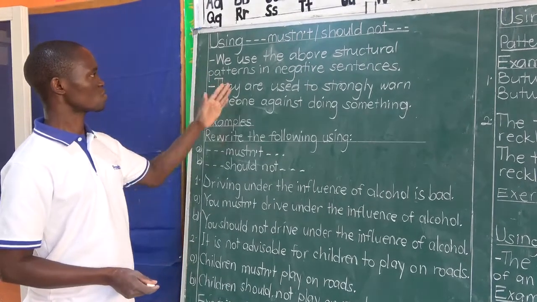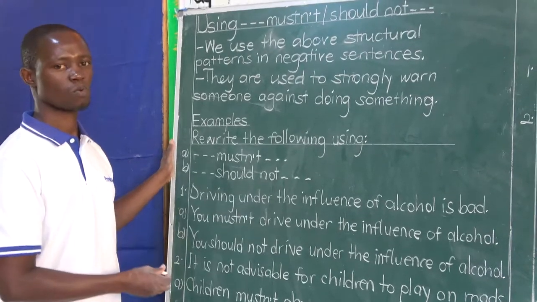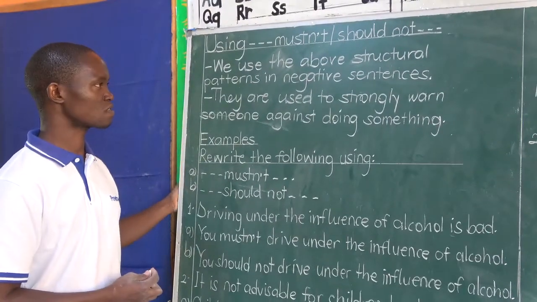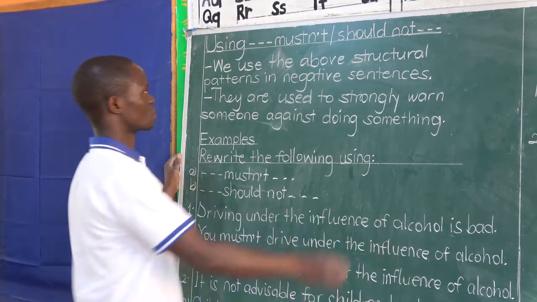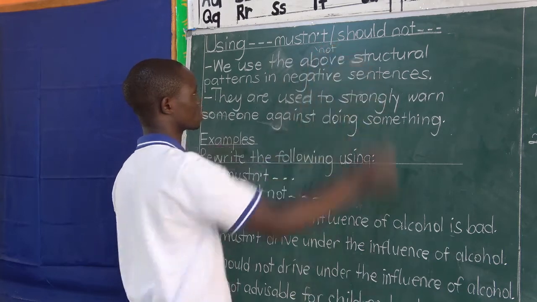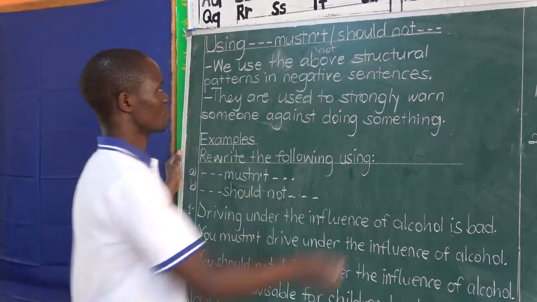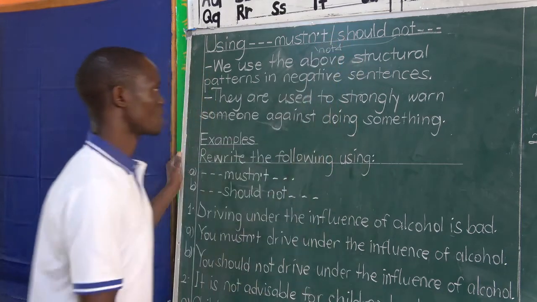So we use the above structure patterns only in negative sentences, just like you see n apostrophe t, which stands for not. Then should not also shows a negative in it, and that is not.